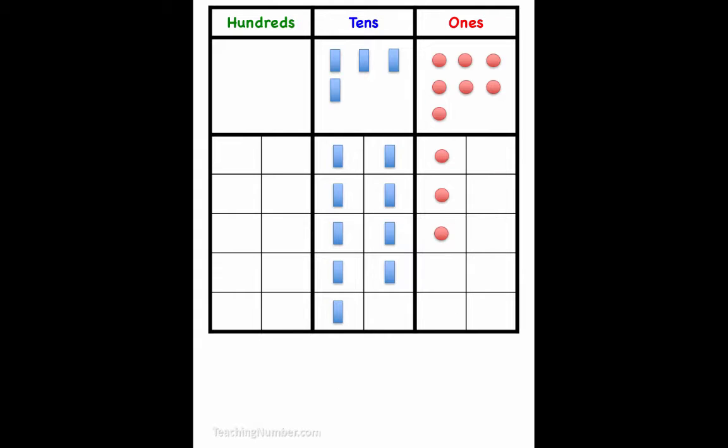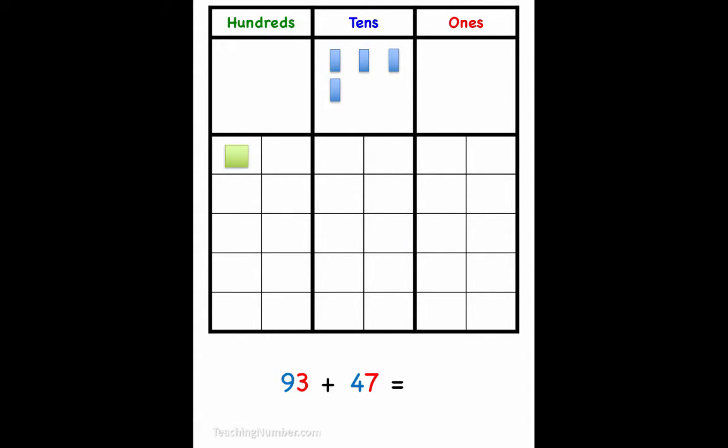139. In this example, we have 93 in the frame, and again we are adding 47. This time, when we add the 7 ones, we fill the 10 frame. Thus, we must unitize to make a 10. Now we have 10 tens, so we must unitize to make 100.